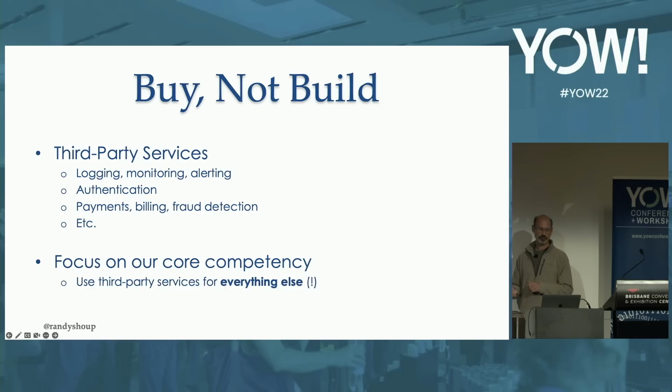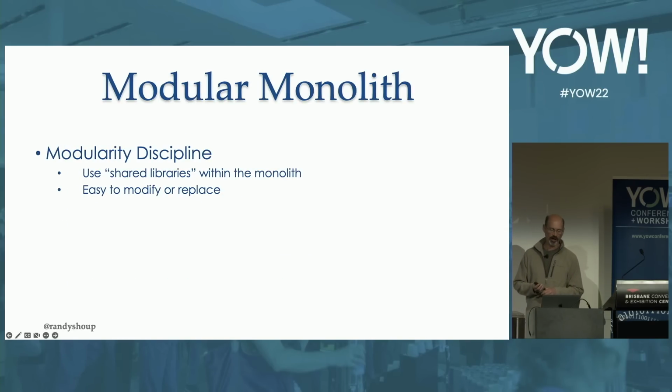And again, what we're trying to do here is focus on our core competency and use third-party services for absolutely everything else. But there are a couple of things that we can do to make our monolith better, and then we're going to talk about where we go from there in a moment. So the first thing that I would say here is enforcing within the team what I'll call a modularity discipline within the monolith.